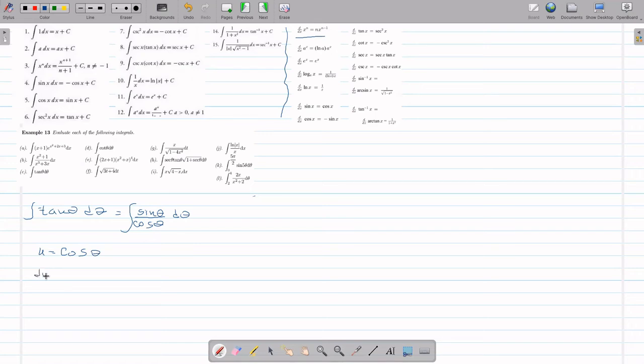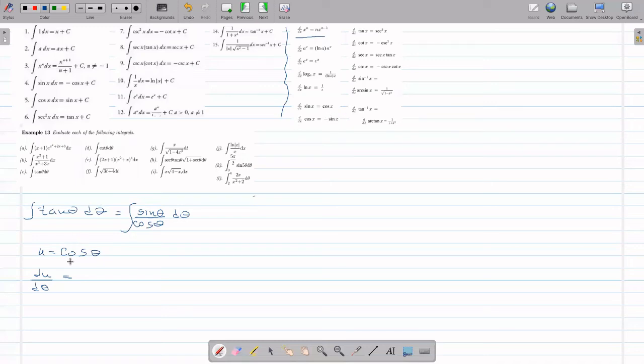Now, du by d theta, here I have to differentiate, no? So the derivative formulas I take from this side. The derivative of cos theta is minus sin theta, no?